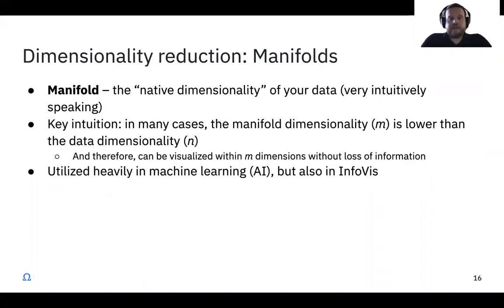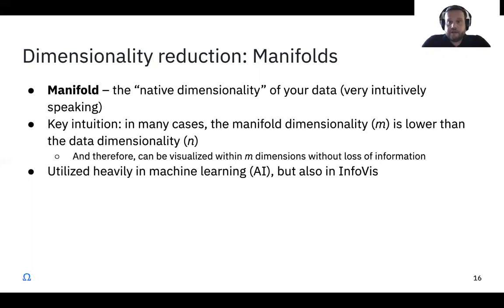And now that we're doing dimensionality reduction, an important piece of intuition that we need to keep in mind is manifolds. In very intuitive terms, consider manifolds as the native dimensionality of your data. So the dimensionality in which, if you plot the data, you are able to capture it very precisely, and you're not losing any information by plotting it in the manifold dimension.